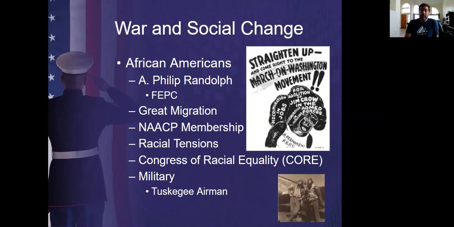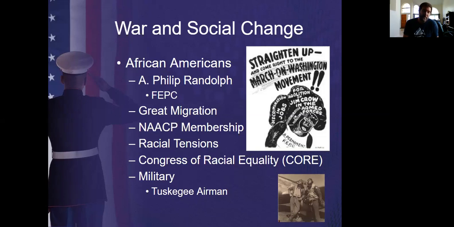But the shining story of a Black contribution in World War II has to be through the Tuskegee Airmen. In the same way that we tend to highlight the Massachusetts 54th for their contribution in the Civil War, the Tuskegee Airmen was a program that actually trained over 600 Black pilots. Now, again, when it started, it was this experiment.